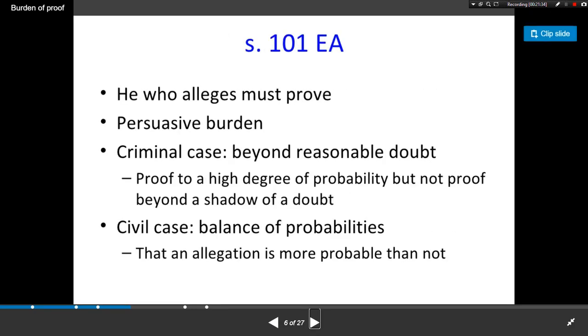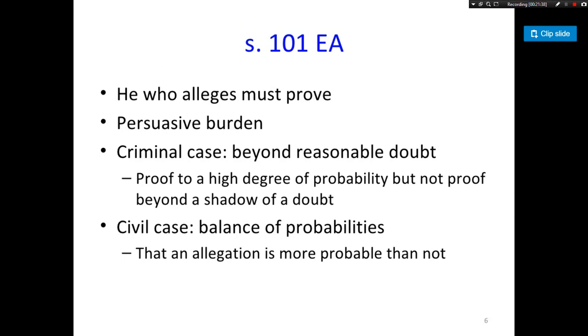Section 101A: he who alleges must prove. The prescribed burden in criminal cases is beyond reasonable doubt, proof to a high degree of probability but not proof beyond a shadow of doubt. The other is a civil case, on the balance of probabilities, where an allegation is more probable than not.